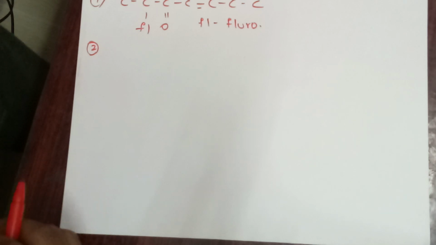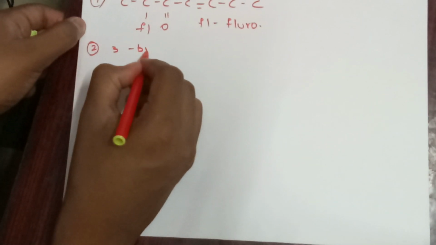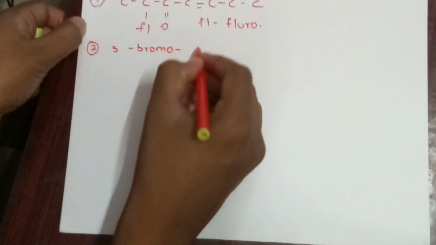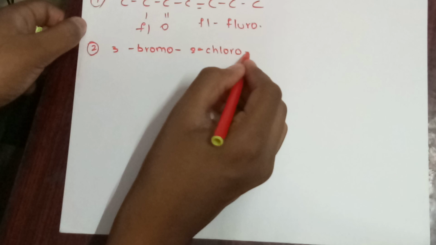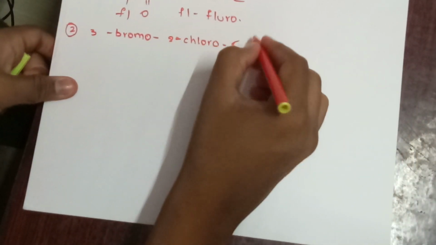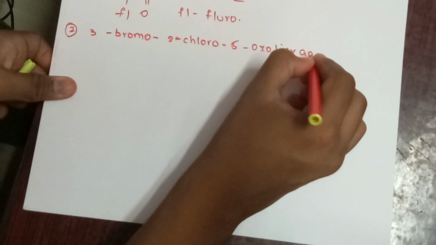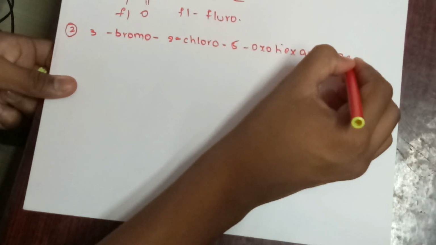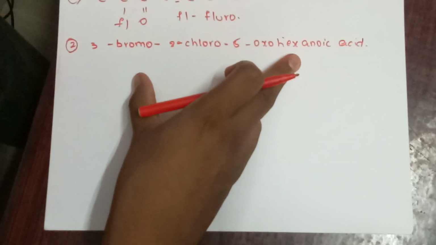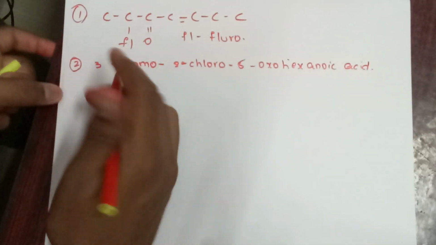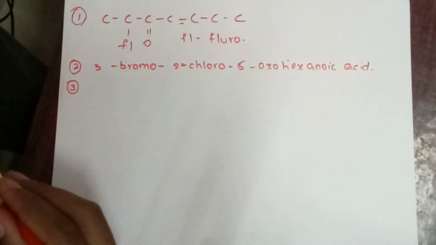Okay, and you should draw the structure of 3-bromo-2-chloro-5-oxohexanoic acid. This is a very important model. You have to try this definitely. If you don't get it, I'll definitely explain it to you in the next video.